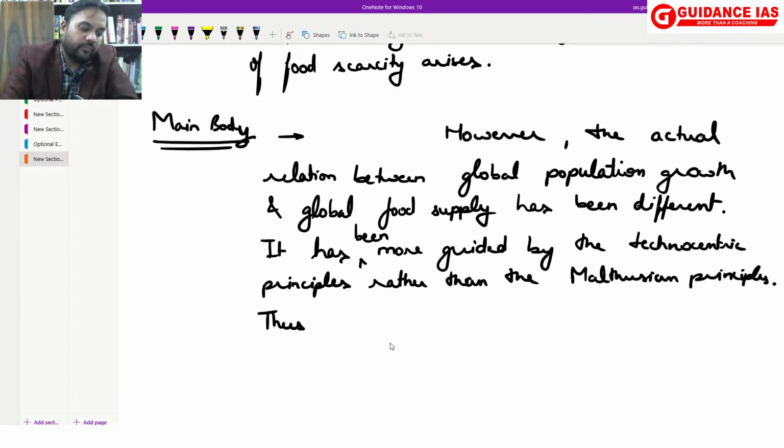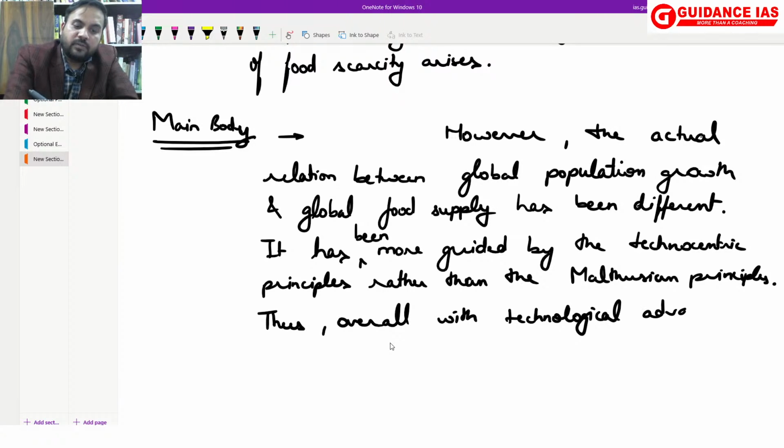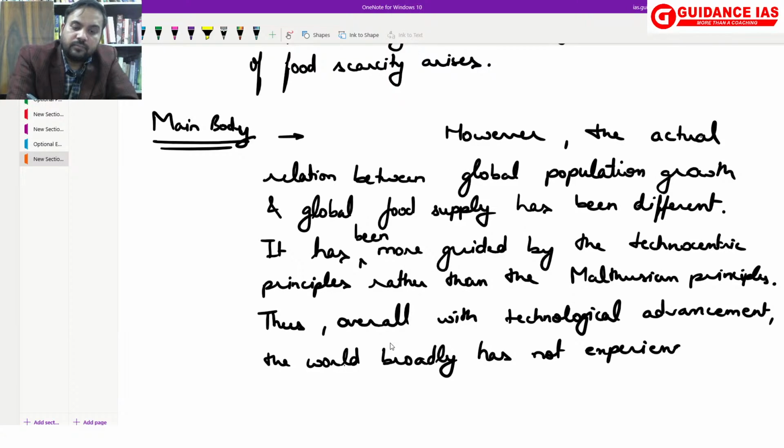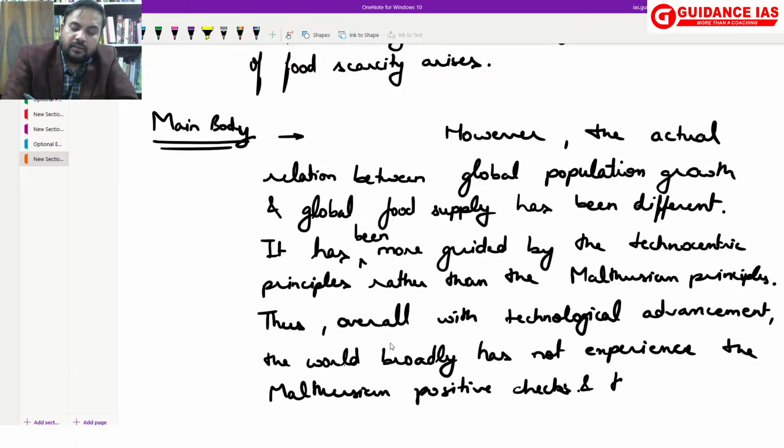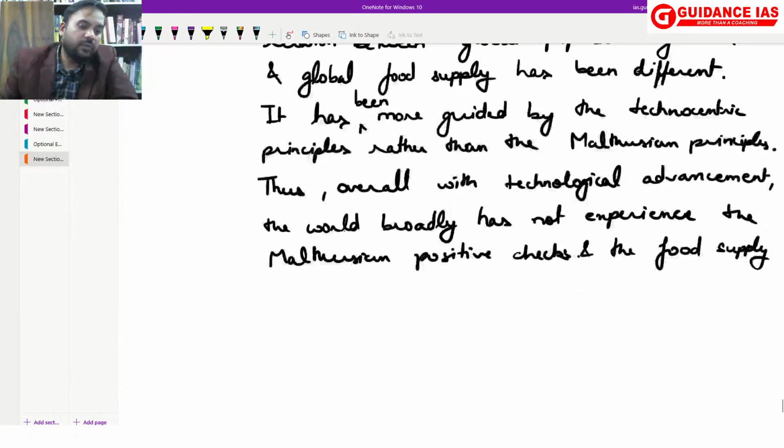Thus, overall, with technological advancements, the world broadly has not experienced the Malthusian positive checks and the food supply has continued to grow.